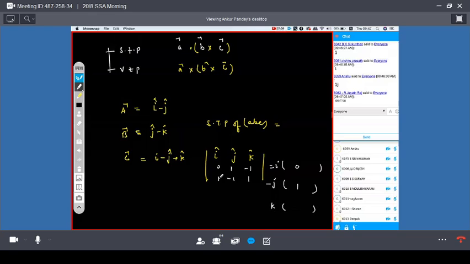And k will be minus 0 minus 1. So the answer for cross product between B and C is coming as minus j minus k.